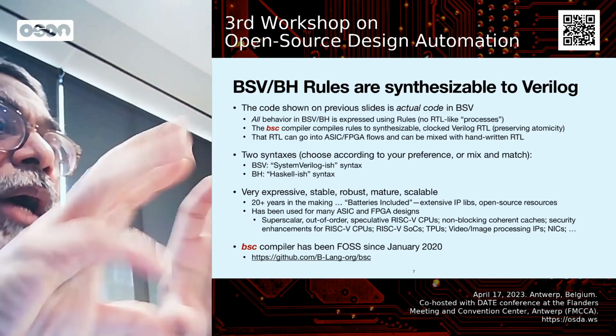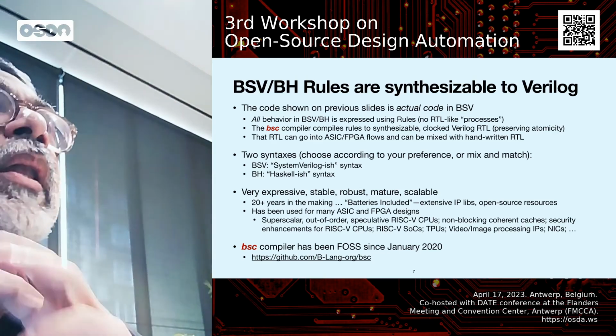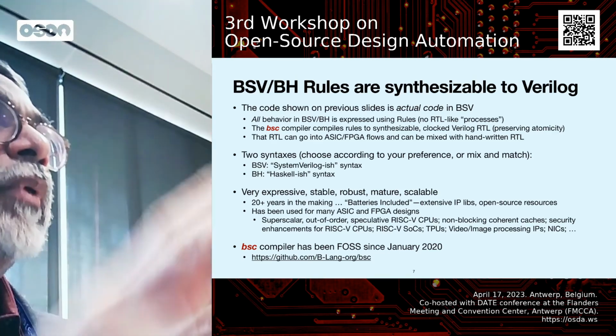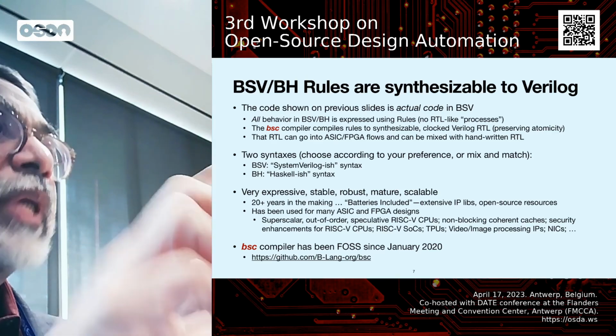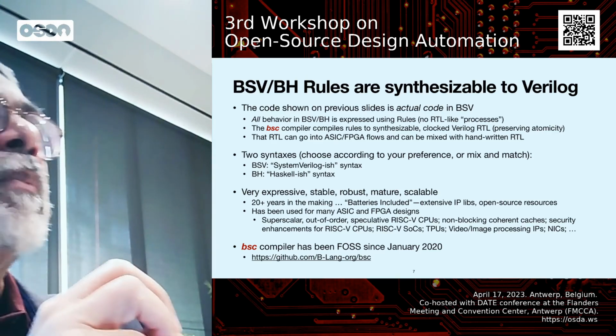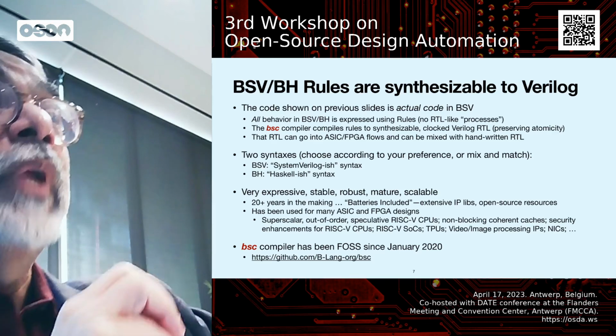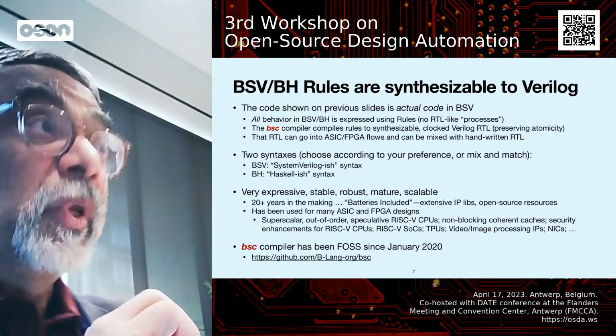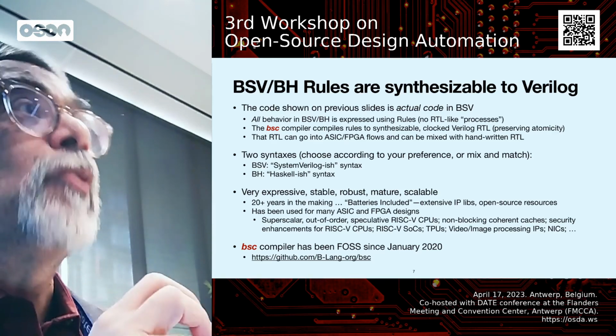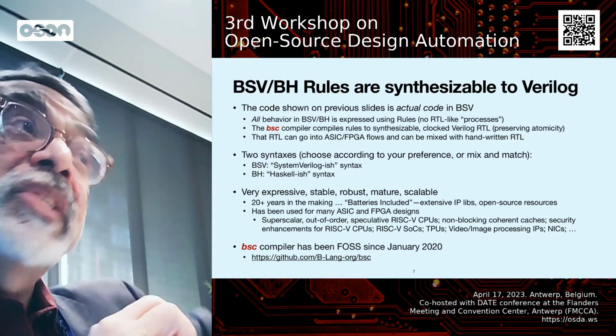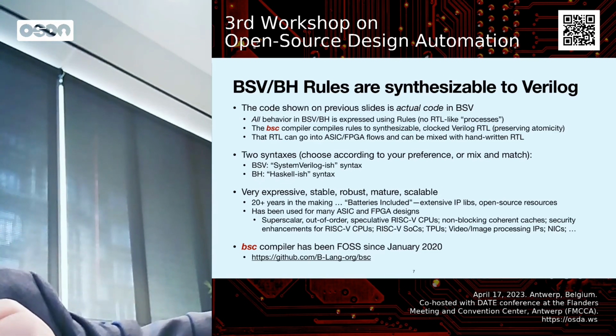In a BlueSpec program, you can have a module that has rules. That rule might invoke a method that crosses the boundary of the module into another module, and you can think of the method as a piece of a rule that's extending, and that may transitively go beyond that to multiple modules.